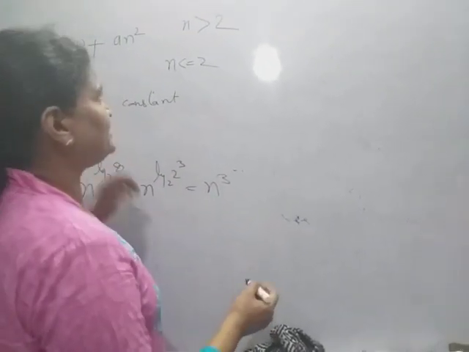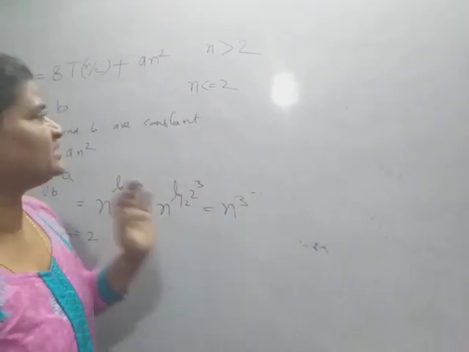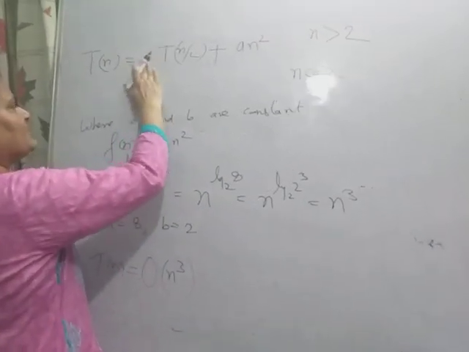So in the case of Strassen matrix multiplication, our recurrence relation will be what?